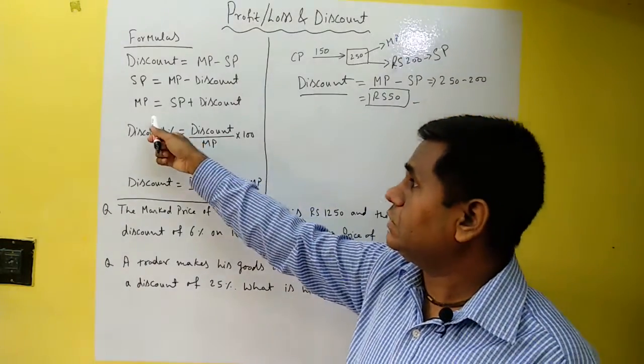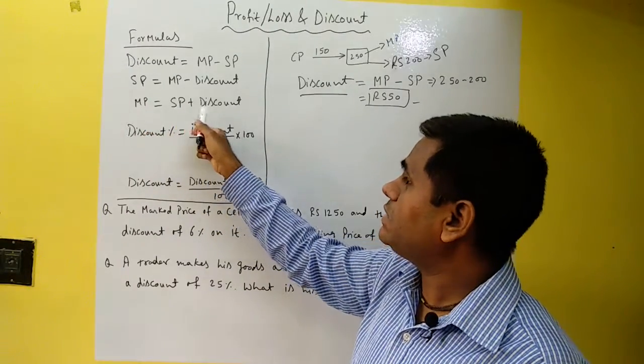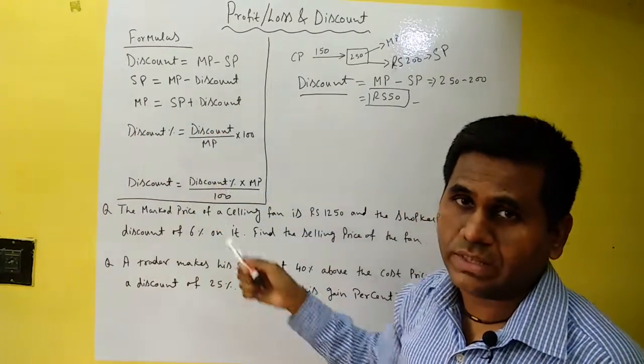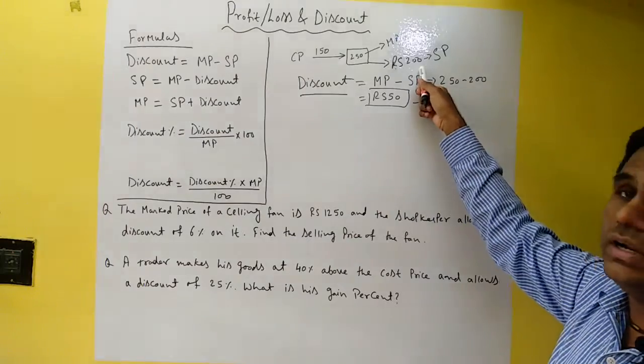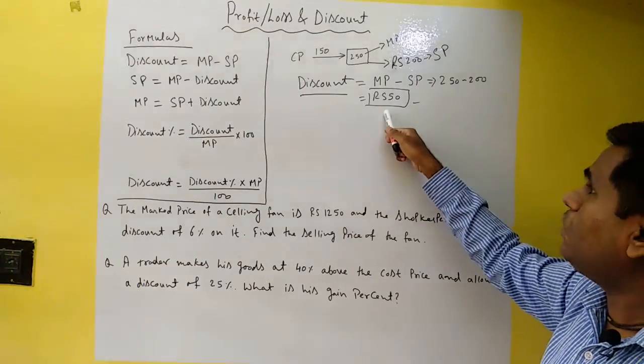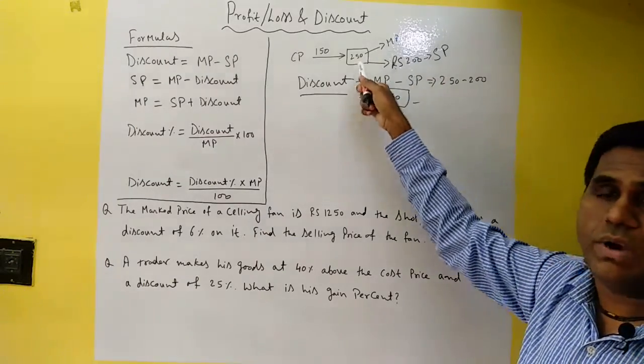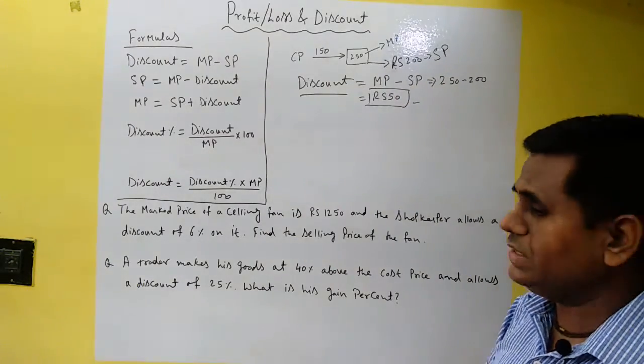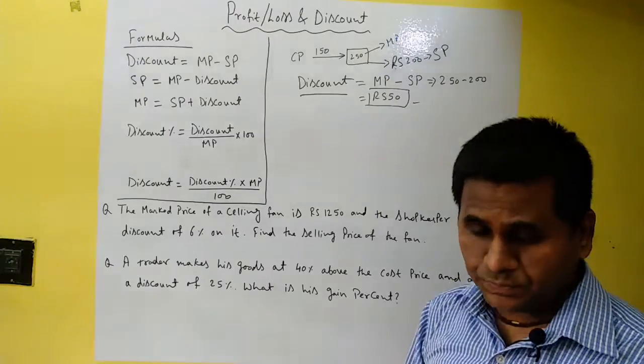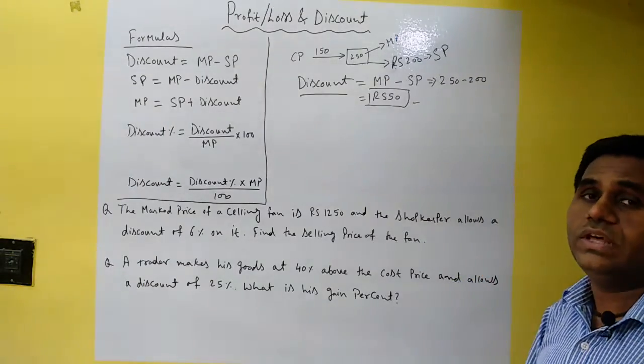The third formula is selling price plus discount becomes marked price. Selling price is 200, and on it our discount is 50. If we add the discount, it becomes the marked price. These are the strategies businessmen adopt on their goods.